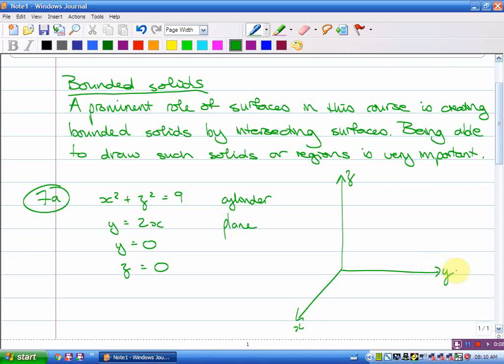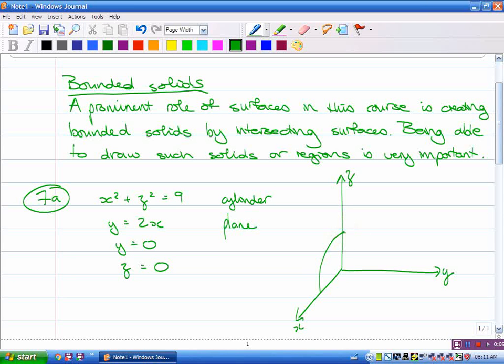It's that horizontal base. Okay, so x squared plus z squared equals 9. I'm first going to draw it as a circle, but actually I'm only going to draw a quarter circle, because I know that I'm not actually interested in the rest. Well, I suppose it's not exactly clear right now, but that's the only part I'm going to need.